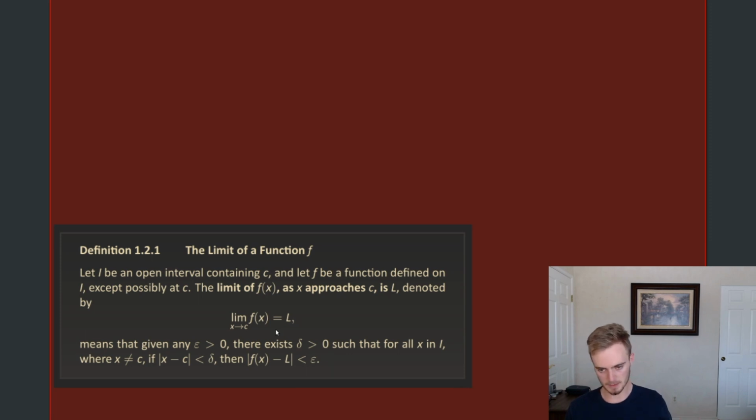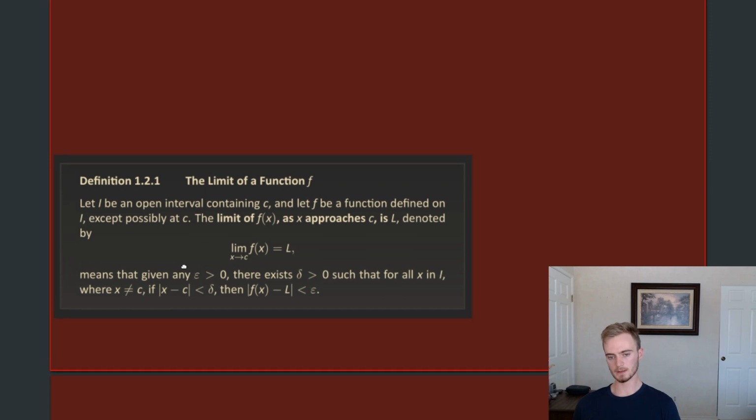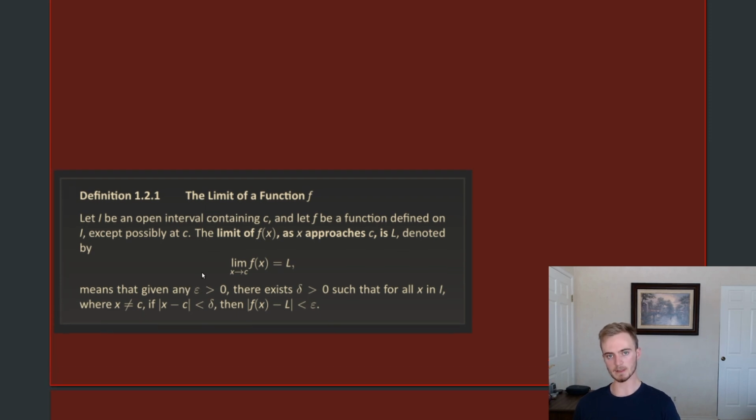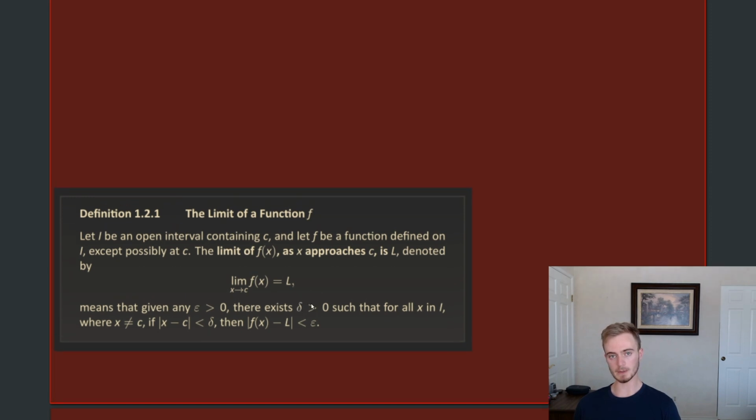You got all these epsilon, you got all these deltas, I don't know what to do. Well, the key thing to note here is that you can choose any epsilon and you can find a delta that satisfies this implication. So what that means for you is you want to find a delta in terms of epsilon. If you find delta in terms of epsilon, then any epsilon you choose is going to work out, guaranteed.